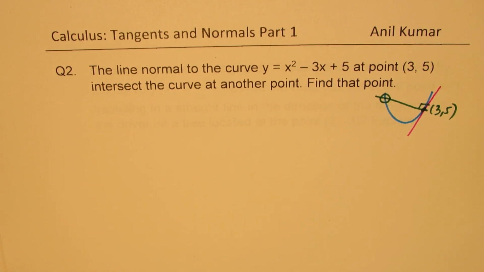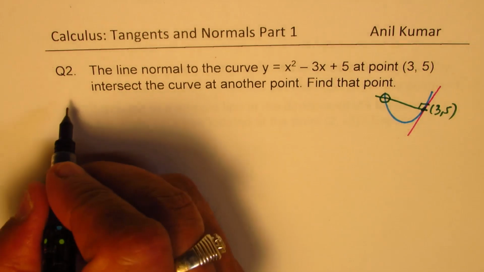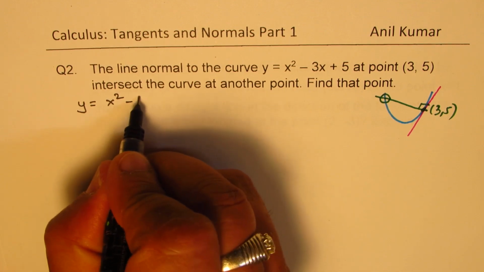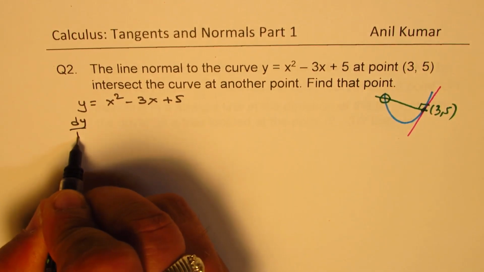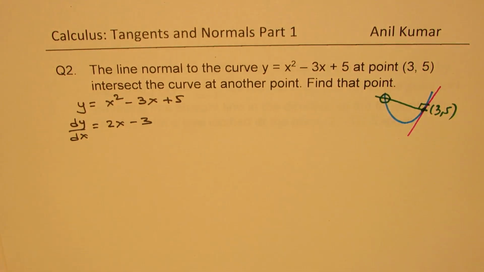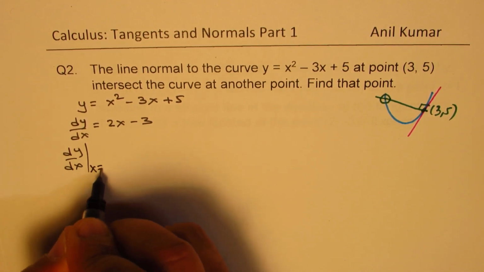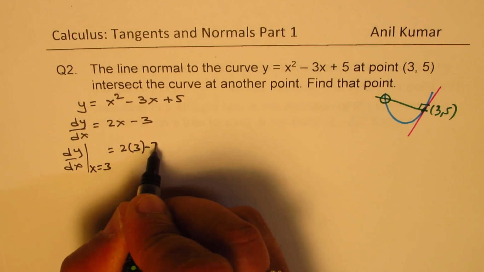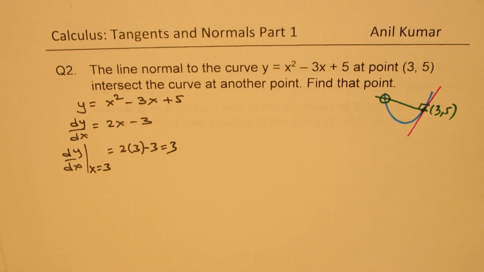Now let's find the slope of the tangent first. So we are given y = x² - 3x + 5, dy/dx = 2x - 3. Now dy/dx at x = 3 will be 2 times 3 minus 3, which is 6 - 3, which is 3, right?